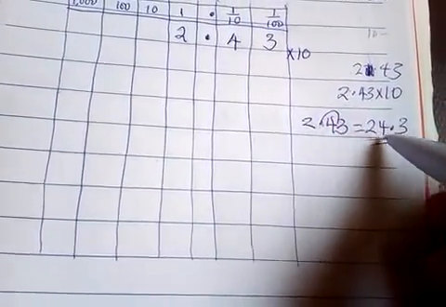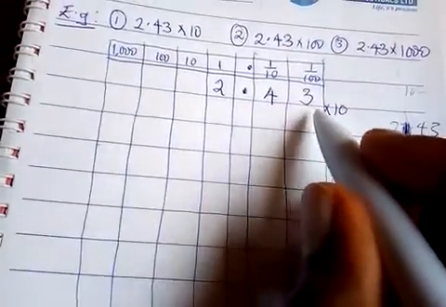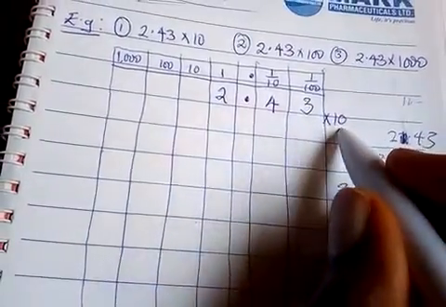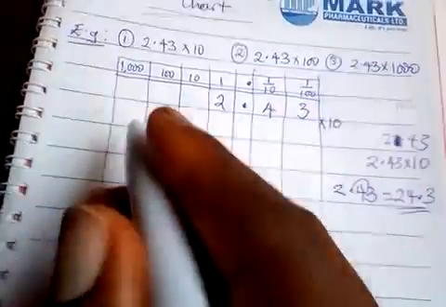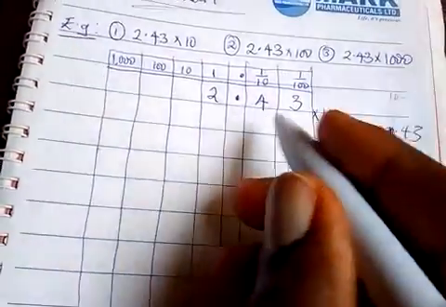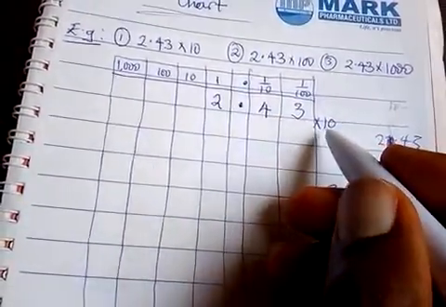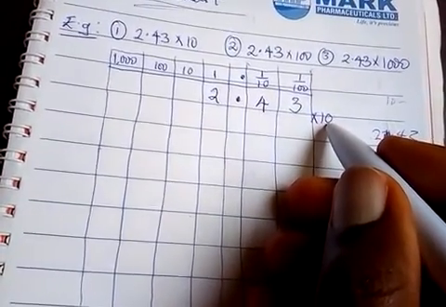So now let's start with this. Once you have times 10, going this way means increment, going this way means reduction. So we increase by going forward 10.